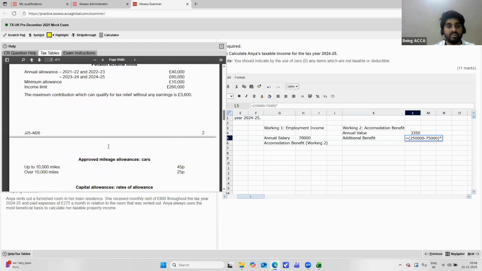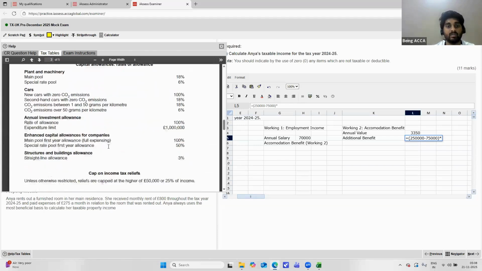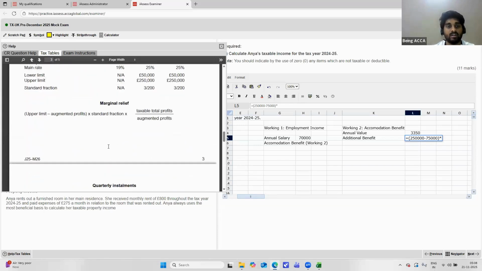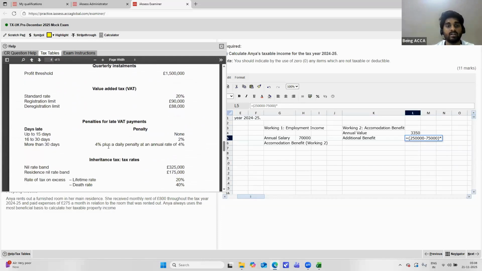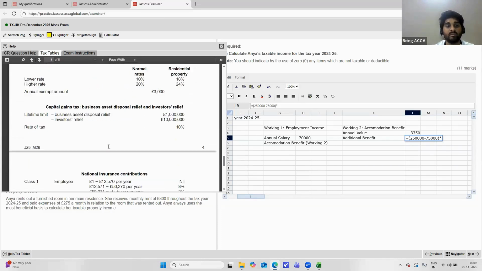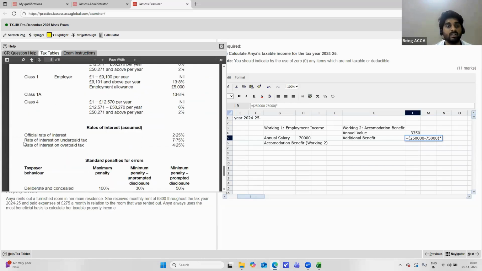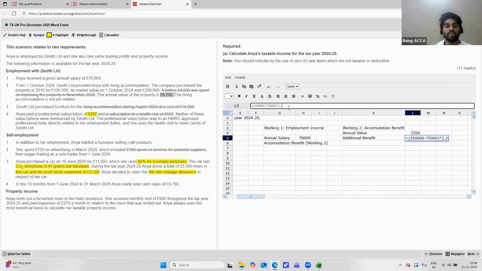It will be 2.25%. I'll show that value to you so that you do not have to spend time remembering the values. Official rate of interest is also known as ORI, which is at 2.25%. So that is what we'll be multiplying this with, into 2.25% into 6 by 12, because we'll only be considering it for 6 months. So that will give an additional benefit of 1968.8.